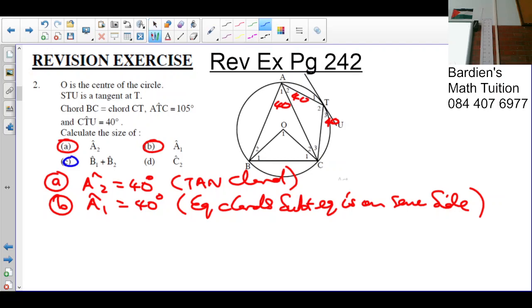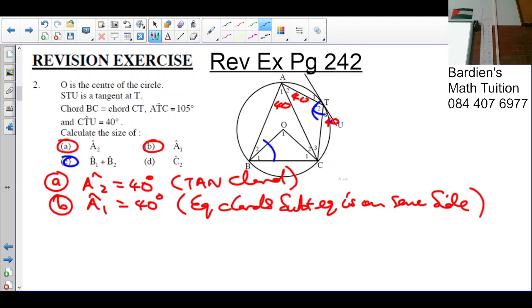Question C, they want you to work out angle B1 and B2. We have B1 plus B2 plus angle T2 will be equal to 180, opposite angles of cyclic quad.